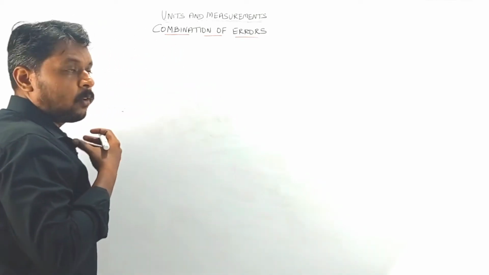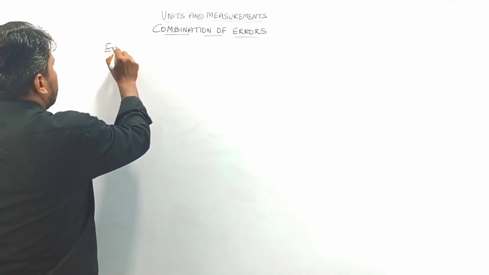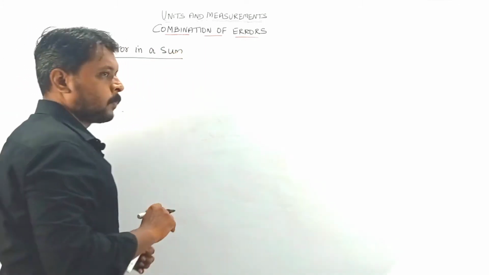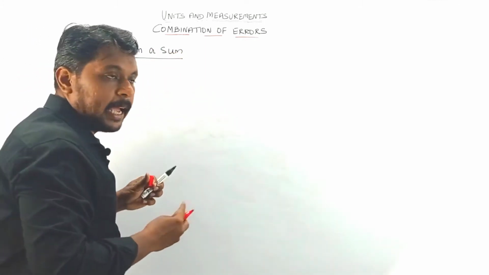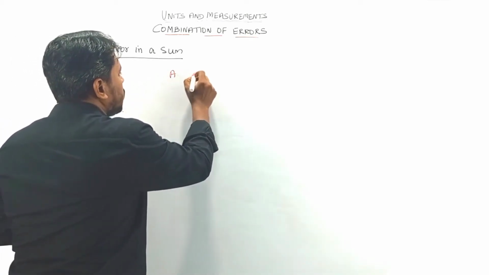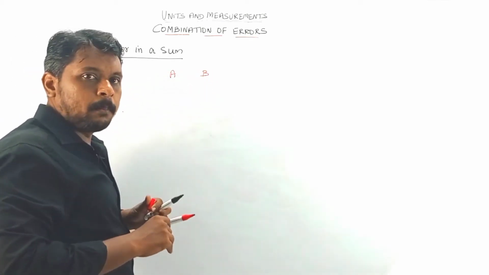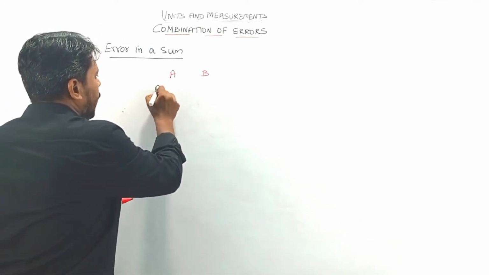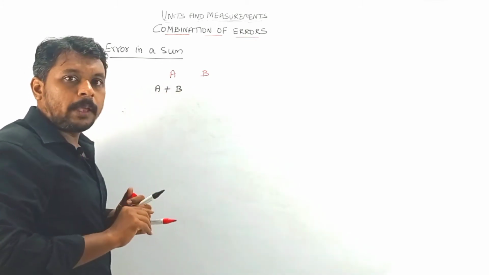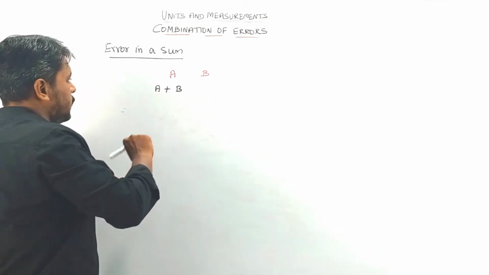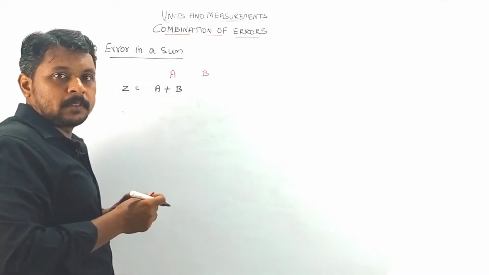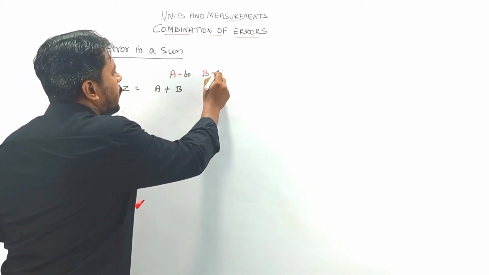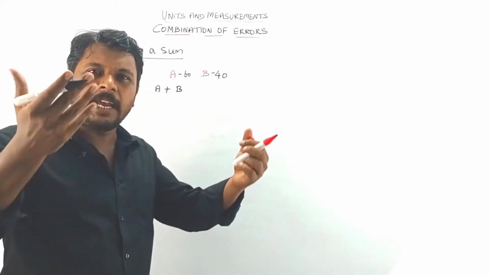First we can follow addition, error in a sum. Let us take two quantities A and B. I am adding these two quantities, A plus B. The output of A plus B, let us take it as Z, so Z is equal to A plus B. For example, I am taking the value of A as 60 and the value of B as 40, for example measuring any length.